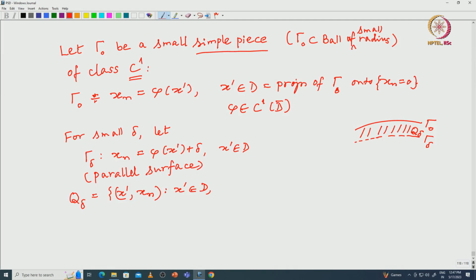Okay. So, phi of x prime is less than x n less than phi of x prime plus delta, a small region sitting between these two. So, if delta is positive, because we are using inequality here. So, if delta is negative, you just change it to phi of x prime plus delta less than x n less than phi of x prime.